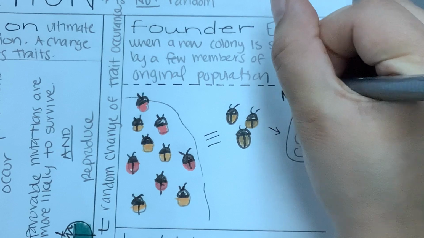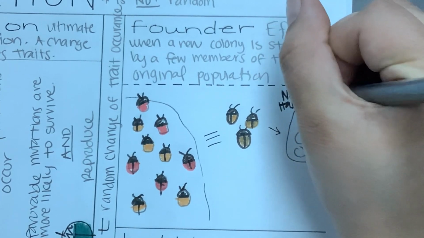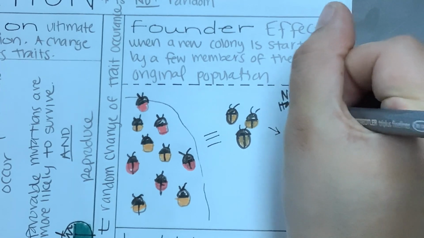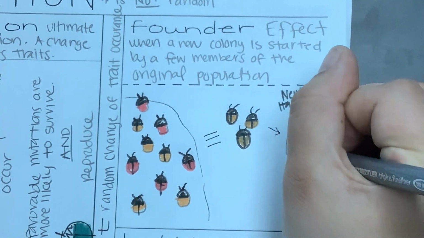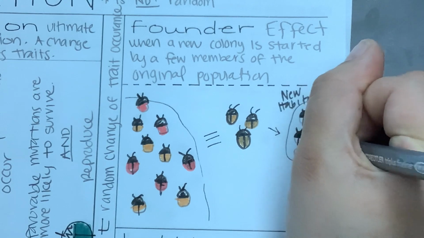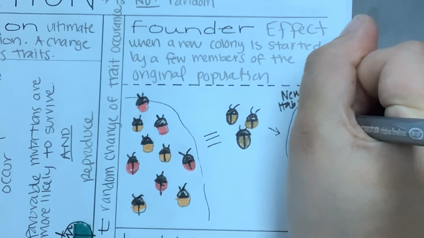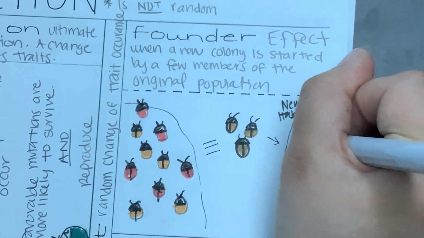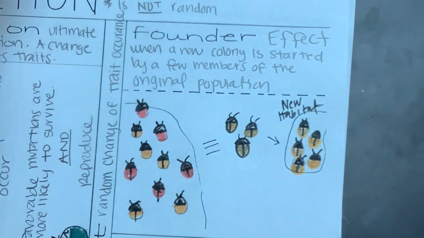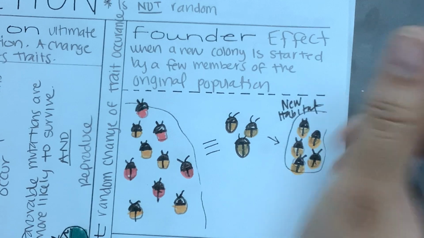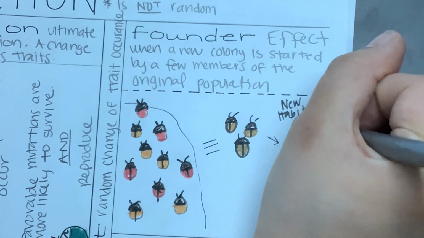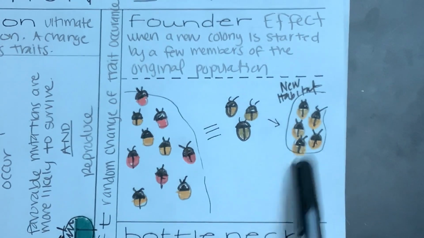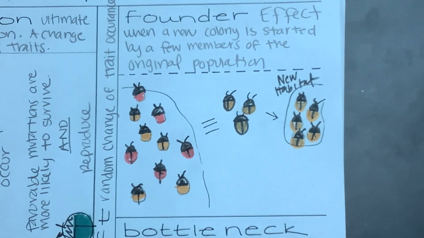And in this new habitat, they start their own new colony. A new sort of neighborhood, if you will. Okay, so that's this idea of founder effect. They are the founders of this new sort of population, right?